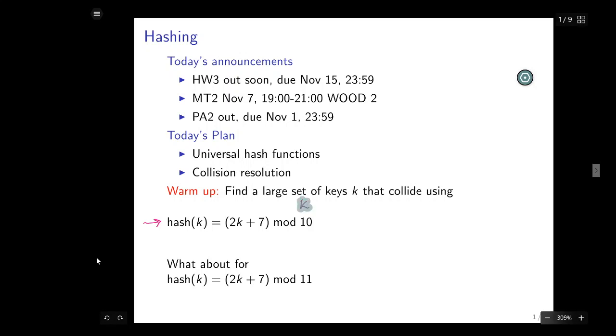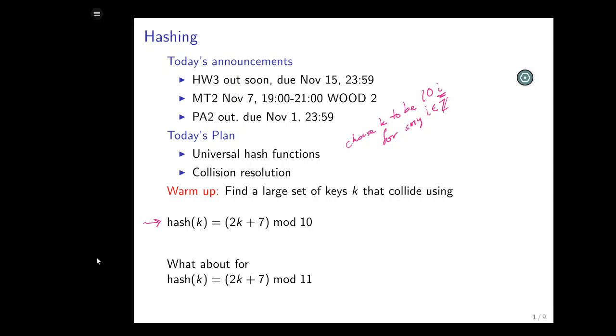Let me write it up here. Choose k to be 10 times I, for all values of I that you'd like, any integer I.